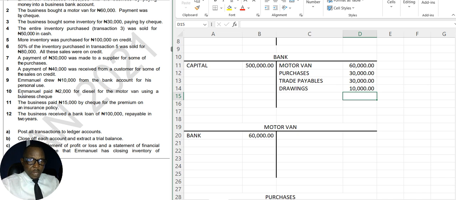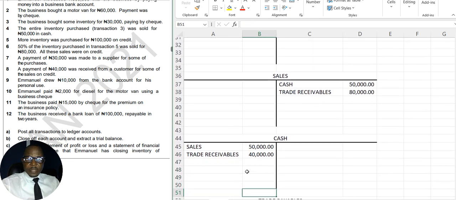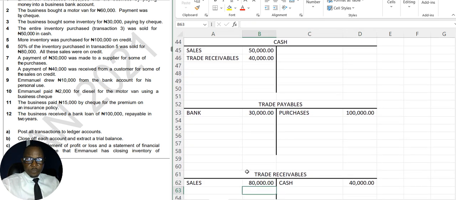All right, number 10. Emmanuel paid 2,000 naira for diesel for the motor van using a business check. Diesel for the motor van. You understand it? Since it's consumable, you can put it as motor expenses. Motor van expenses is different from motor van.